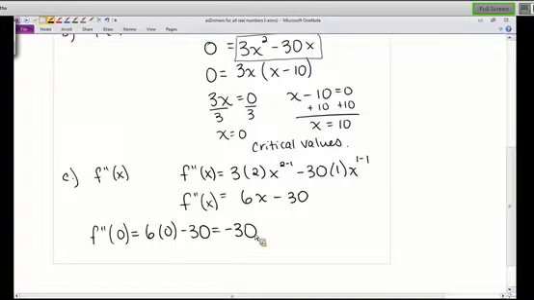Now, since the second derivative evaluated at 0 is less than 0, this tells us that x is equal to 0 will be our max. So any questions as to how we're evaluating x to equal 0 to be our maximum?